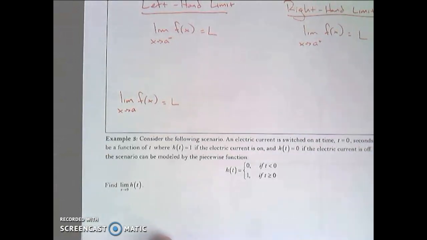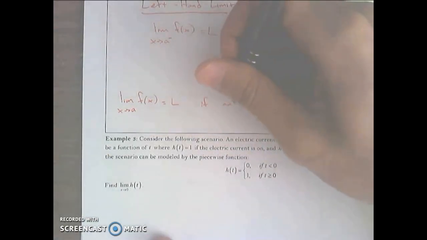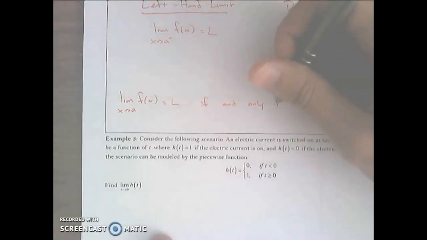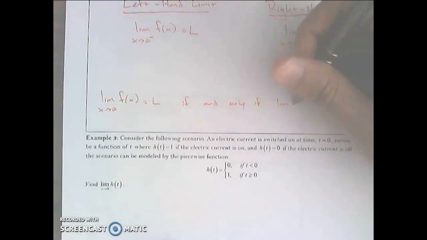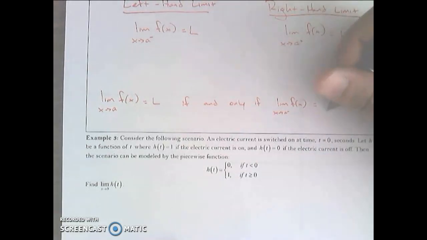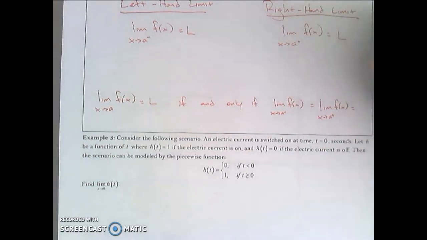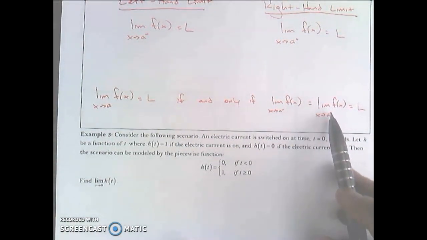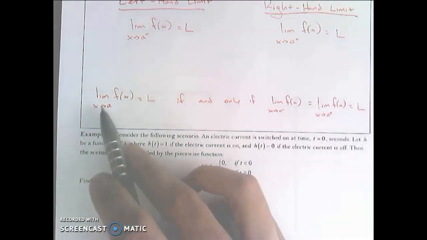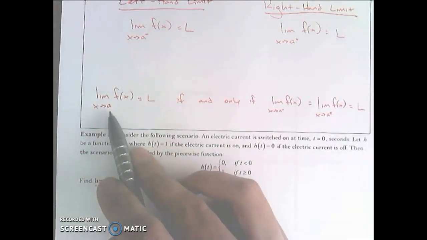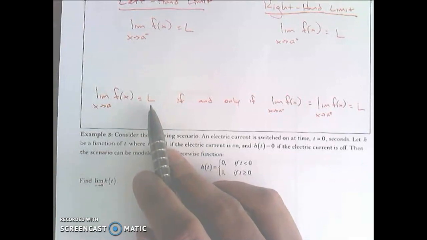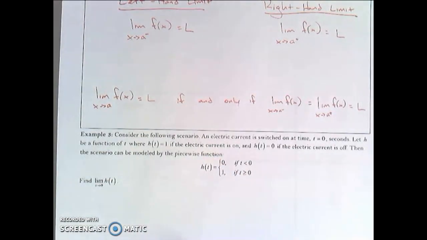We have that the limit equals L if and only if the left-hand limit, the limit of f of x as x approaches a from the left-hand side, equals the right-hand limit, the limit of f of x as x approaches a from the right-hand side, and both of those are equal to L. So if the left-hand limit equals the right-hand limit, and that equals something, then the limit of the function at x equals a is L. Anytime you see if and only if in math, that means equivalent statements.